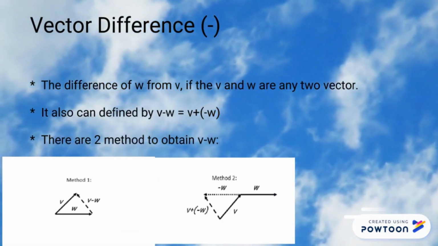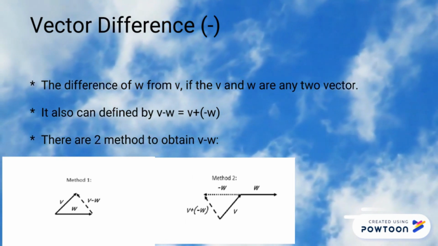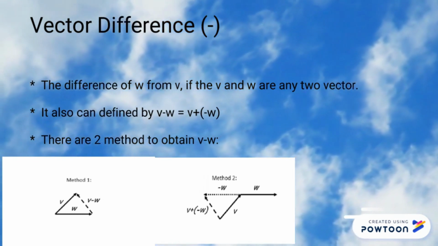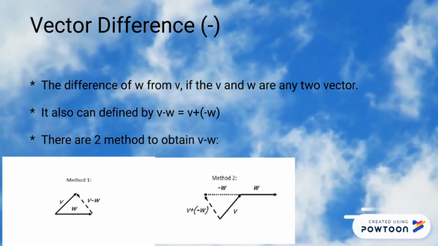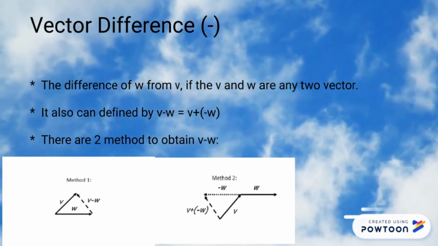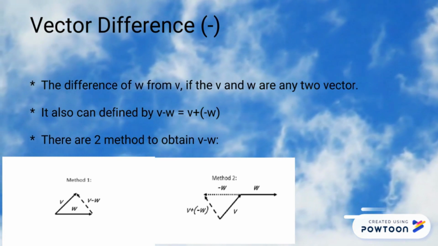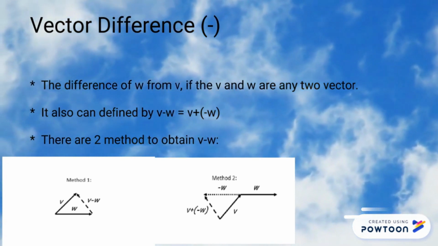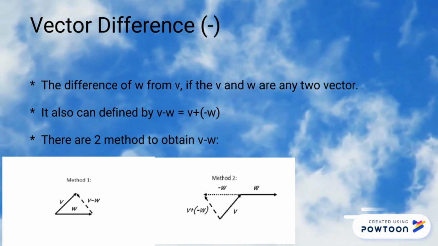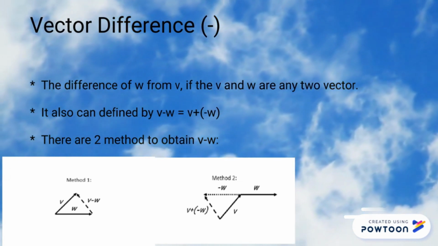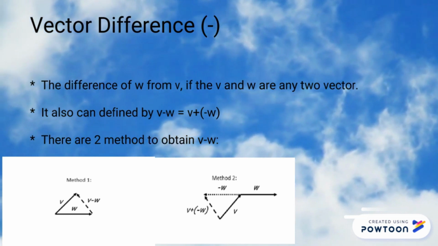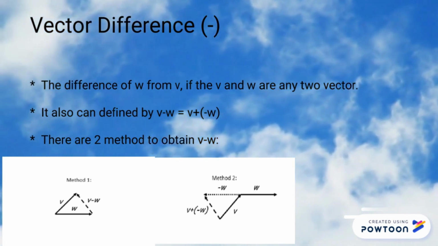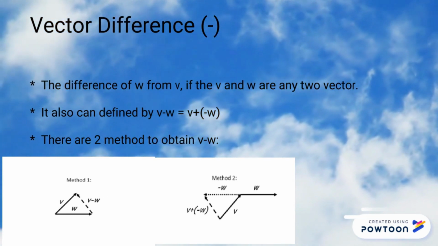Vector difference, minus. The difference of w from v, where v and w are any two vectors. It can also be written as v subtract w equals v plus bracket minus w bracket.